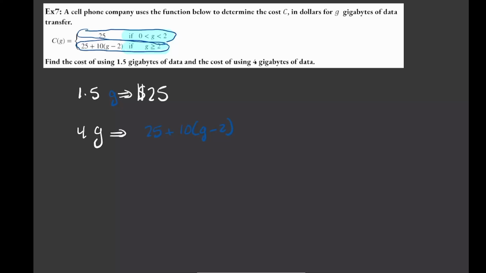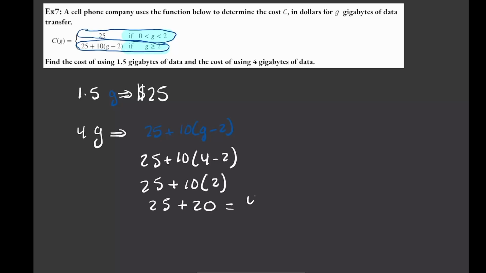And to find how much I would be paying, all I have to do is take that 4 and put it in for my G. So 25 plus 10, 4 minus 2. And now I solve: 25 plus 10, 4 minus 2 is 2, 25 plus 20. I would be paying $45 if I used 4 gigabytes.